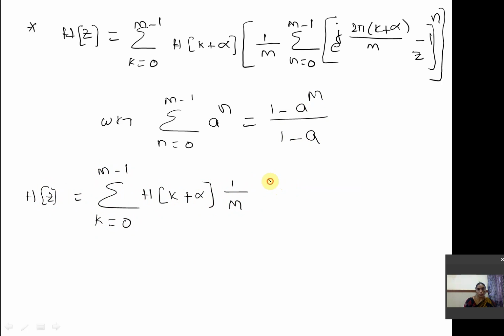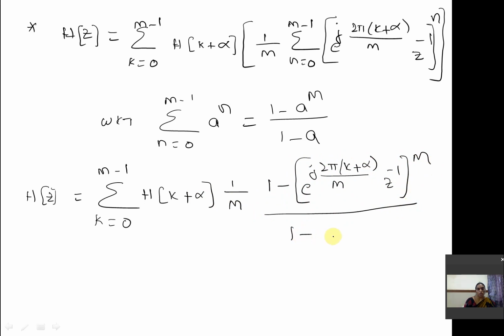This is nothing but (1 - e^(j2π(k+alpha)/M) z^-1)^M divided by (1 - e^(j2π/M (k+alpha)) z^-1).